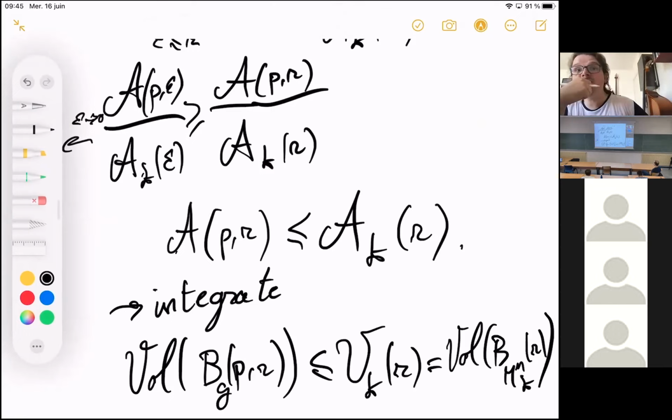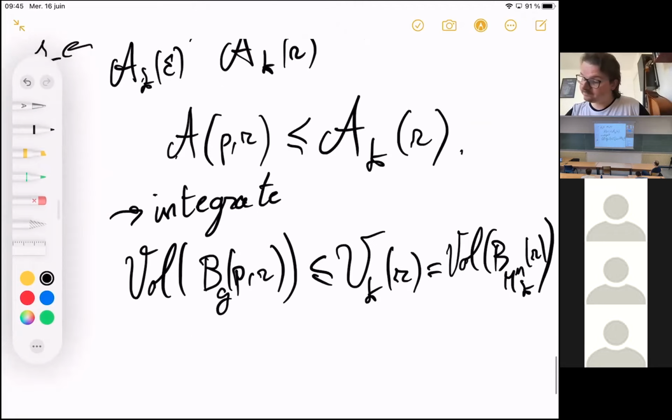So this tells us that lower Ricci curvature bounds give upper bounds on the size of stuff: the area, the diameter, the volume.